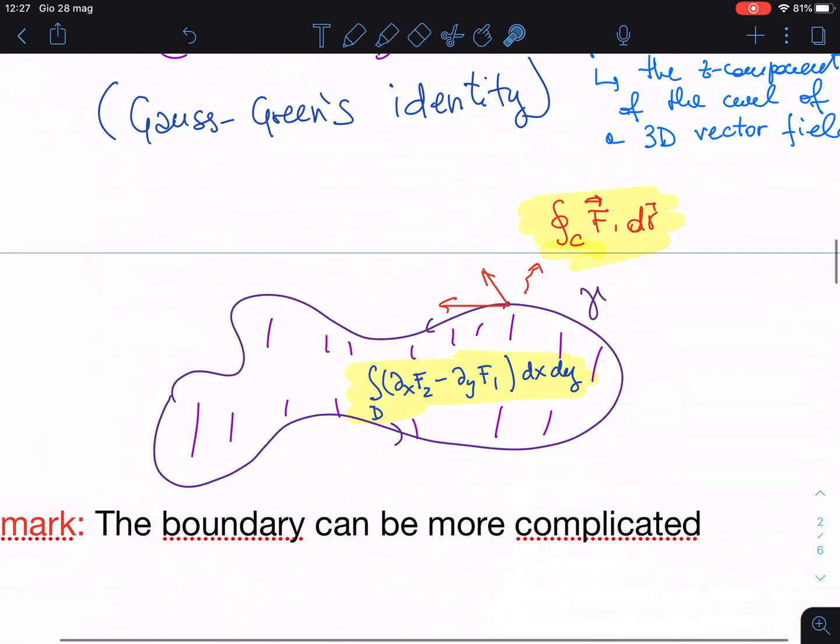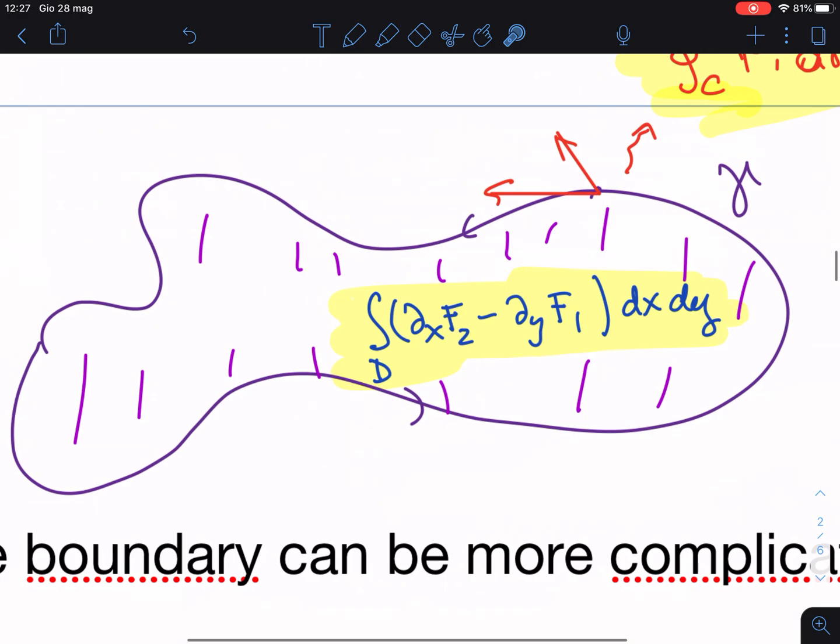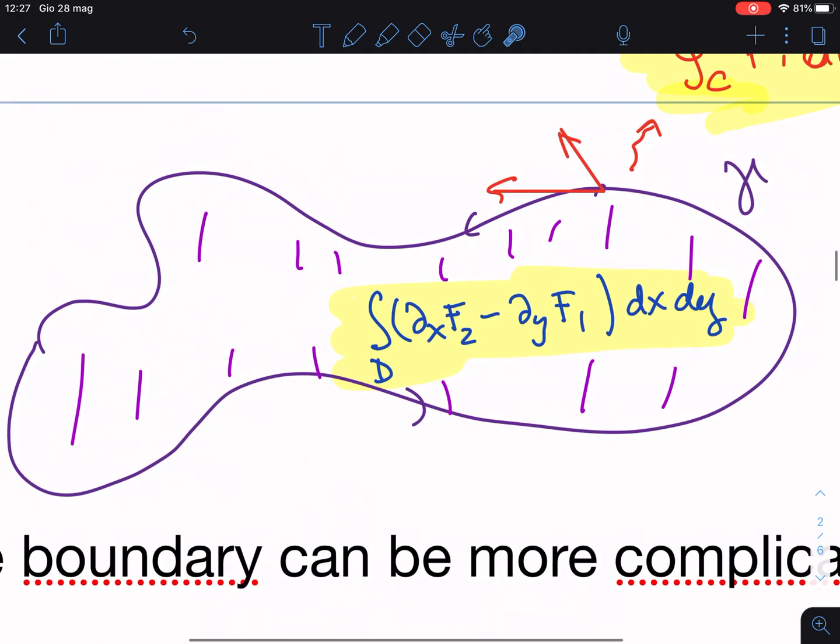And so, positively oriented for a simple closed curve means in general just anti-clockwise, even though you have to be careful about that, because if you have holes, the contours of the holes can be positively oriented when they are clockwise oriented.